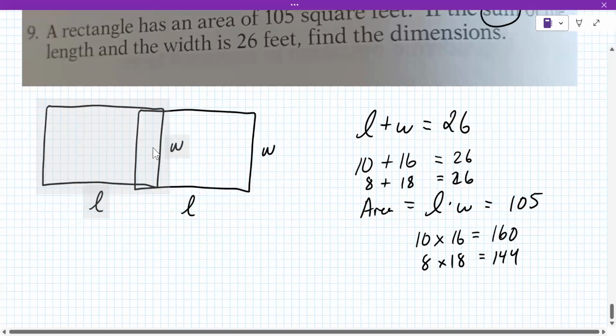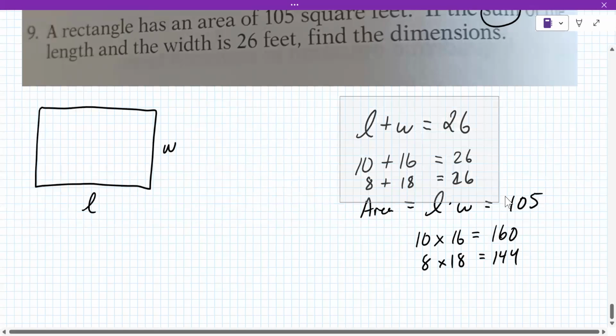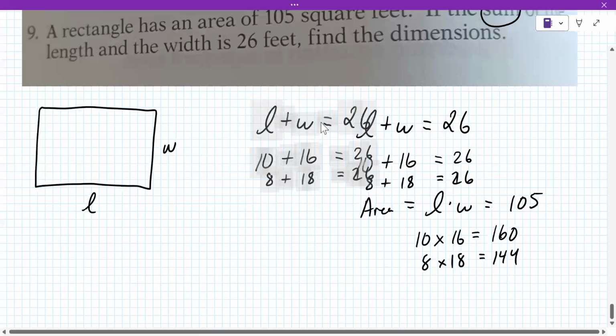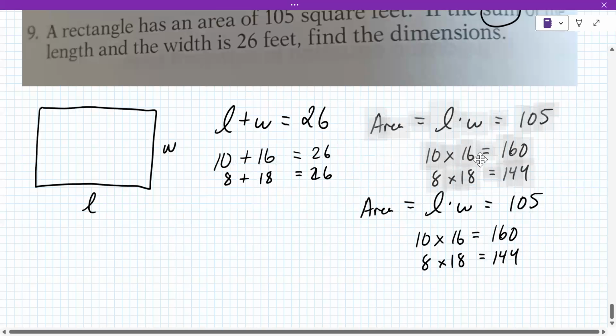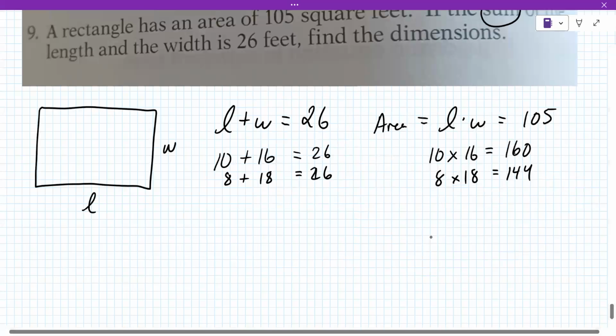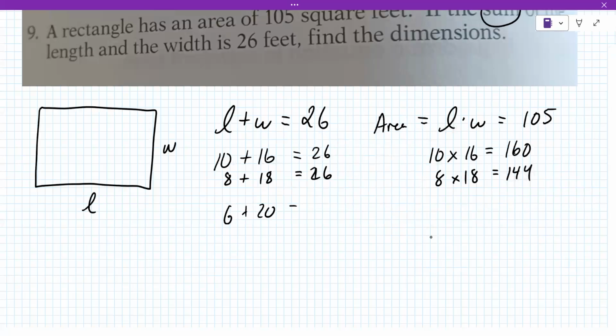Let's try 6. 6 plus 20 is 26. 6 times 20 is 120. Still too large. Okay, let's see. 4 plus 22, then 4 times 22.